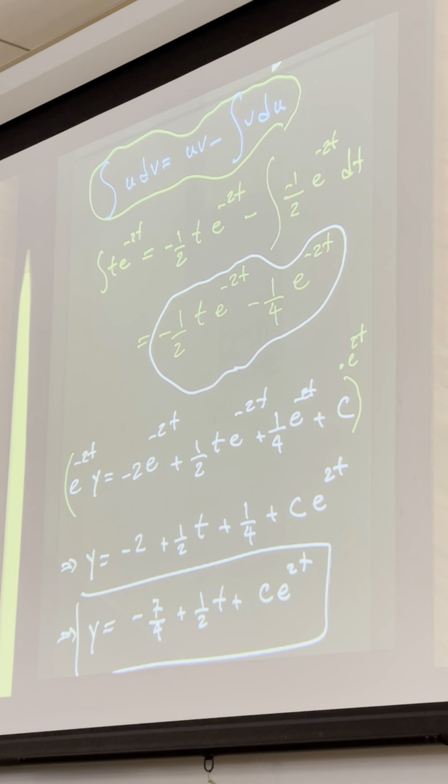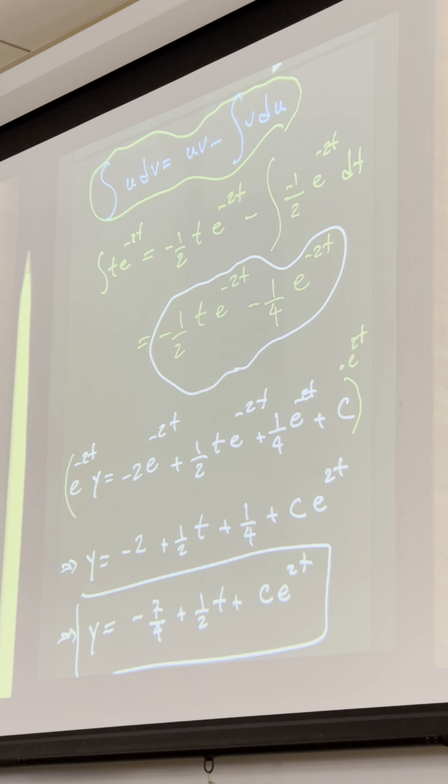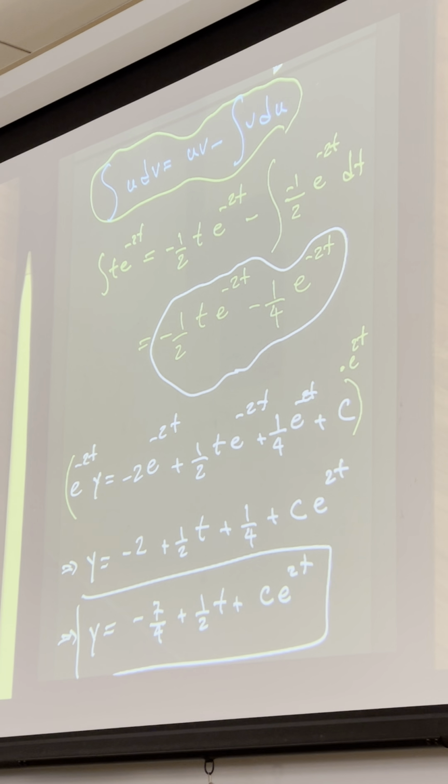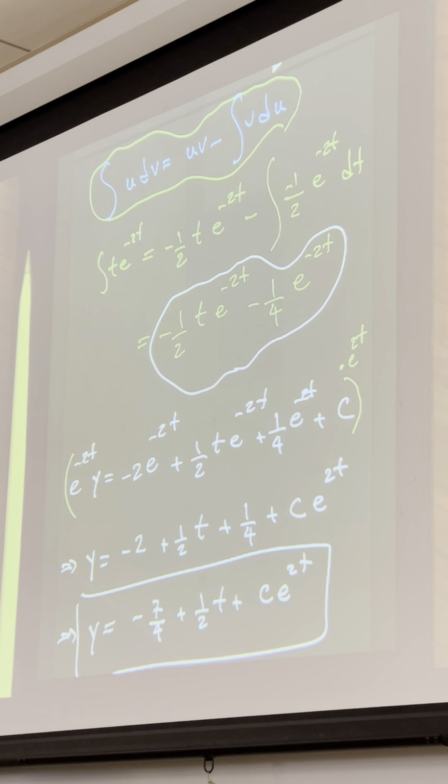So it's very mechanical, and as long as you stay on top of these techniques, like this integration factor, it's an exam question: how to come up with an integration factor and how to use it to solve the problem. So don't let even a day of work pile up.